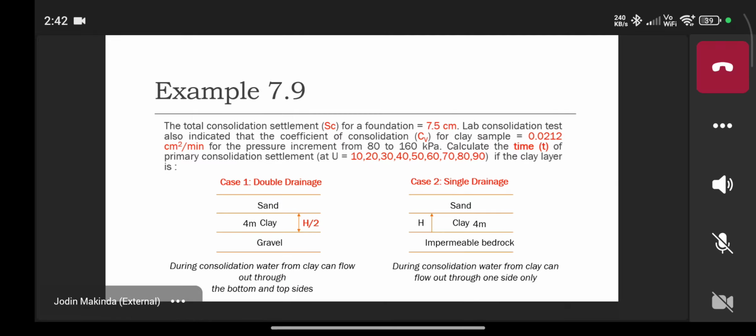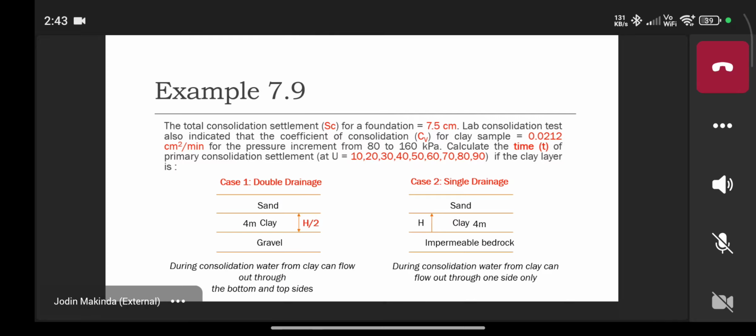To travel means that either it flows out to the top because sand is permeable, or it flows out to the bottom because gravel is permeable. Therefore, the distance for the water to travel out from clay to sand and from clay to gravel is equivalent to thickness H divided by 2 because it can flow both ways.